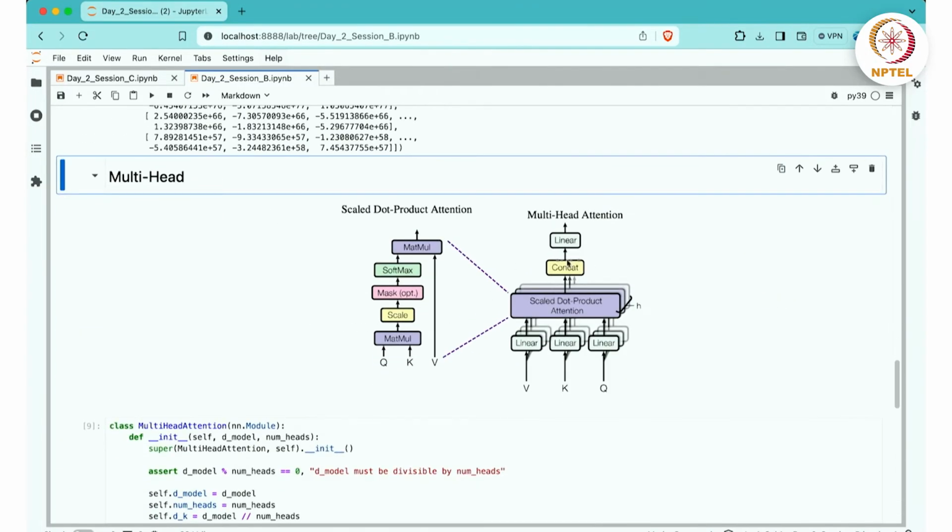And now multi-head attention is where we do that process multiple times in parallel. The intuition behind doing it multiple times in parallel is that, okay, we talked about how attention is going to capture one kind of relation. However, there can be multiple types of relations which are important when you are trying to understand a topic.